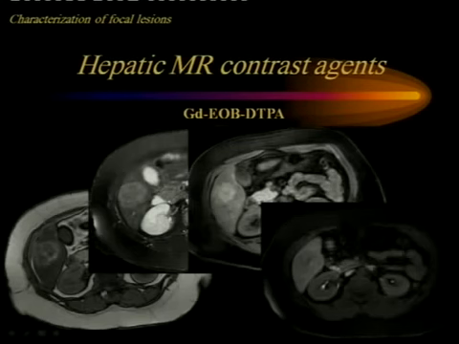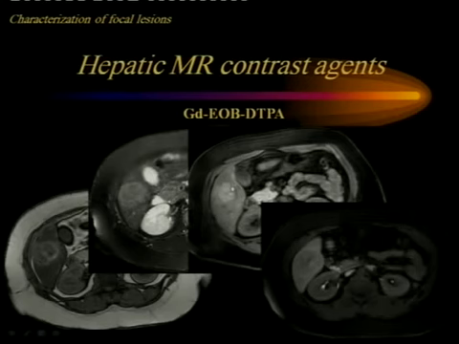Also, in terms of characterization, it can be very helpful. Here's a case of a hepatic adenoma, which on the pre-contrast imaging has some fat content and bright signal on T2.